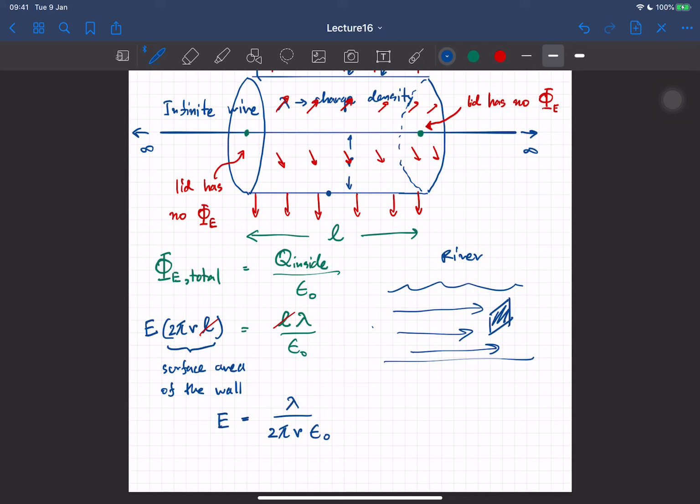So I hope this picture helps a little bit. Think of the electric field as some kind of water flowing out from the charge. If you have a charge here, you have electric field pointing out. So you can think of this as some kind of water flowing out from this point. And the flux is, let's say you take some area here, and you see how much water is flowing through that area.